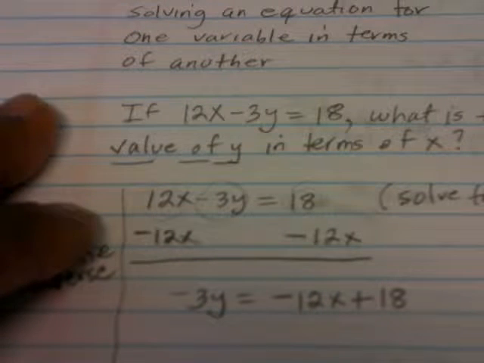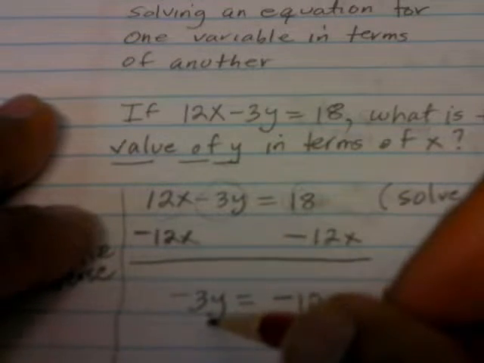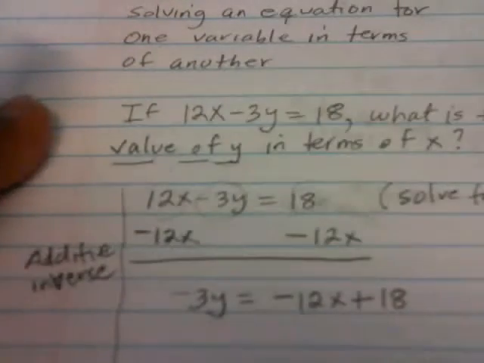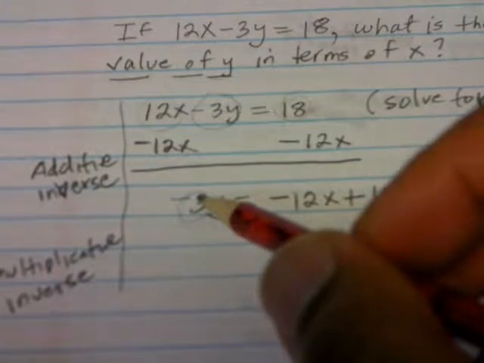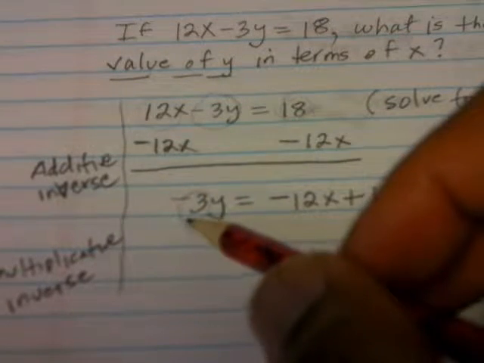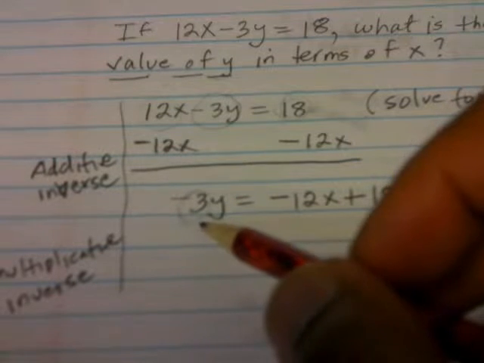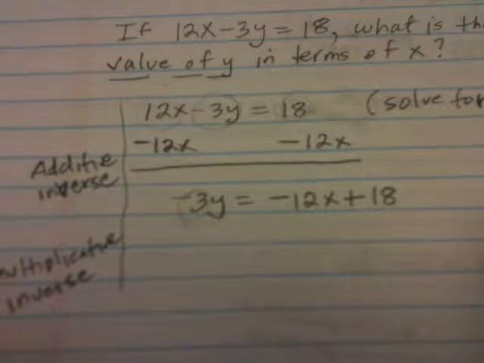Now, what we can do is to get y alone by itself, and we can use the multiplicative inverse. That means we want to get y by itself, and we could do that by dividing by negative 3 on both sides of the equation.